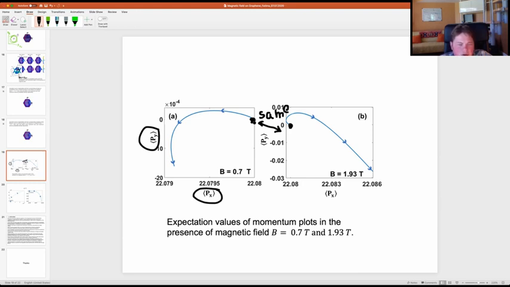Now, it looks like the overall motion of the center is very small. It changes by less than 0.1 in these Px units. But why does the center move in opposite directions?